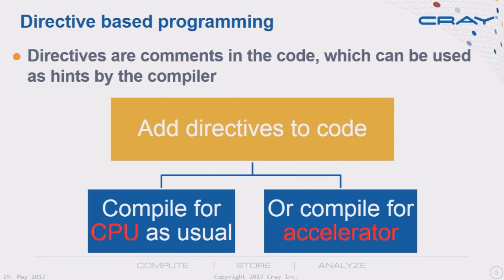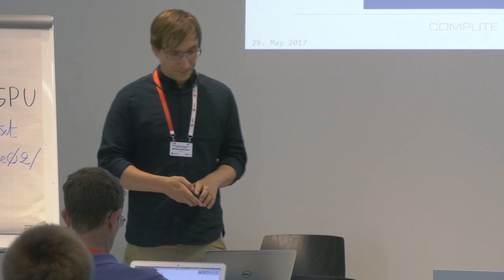These hints, so-called pragmas, are added in the code, and depending on how you select it during compilation, they will be used or not used. You can switch them on and off. You could also use pragmas for OpenMP and OpenACC, and then decide which one should be used by the compiler.